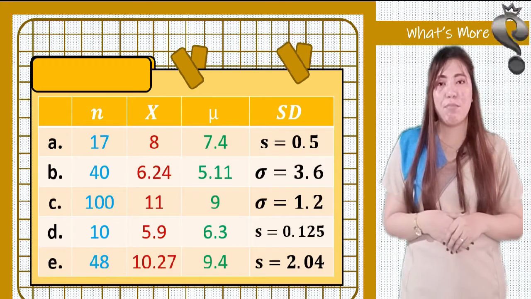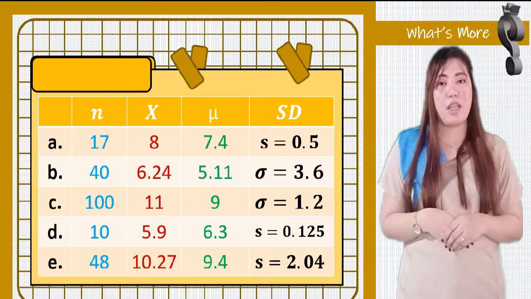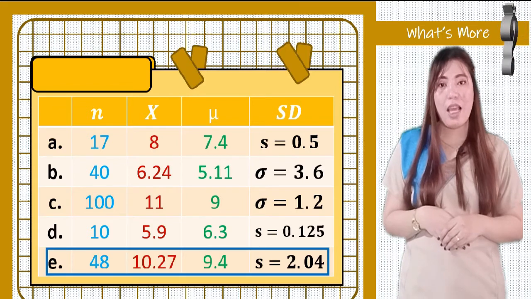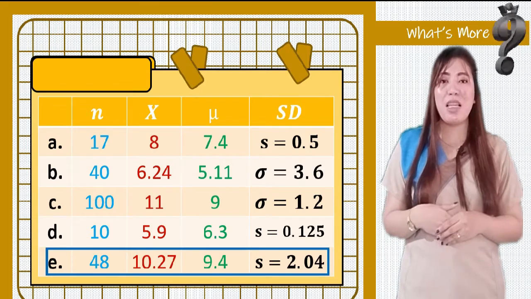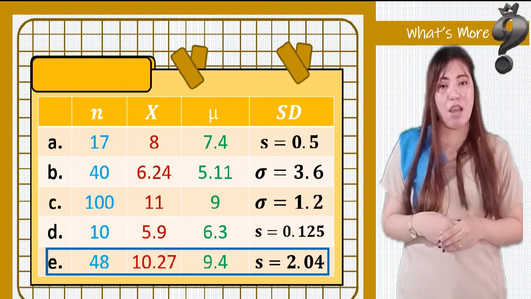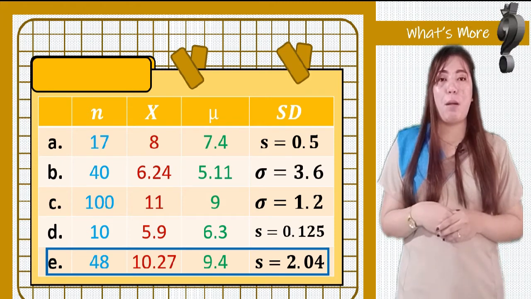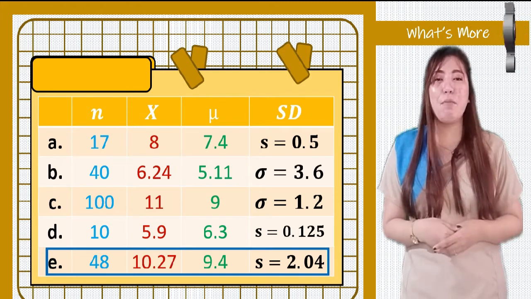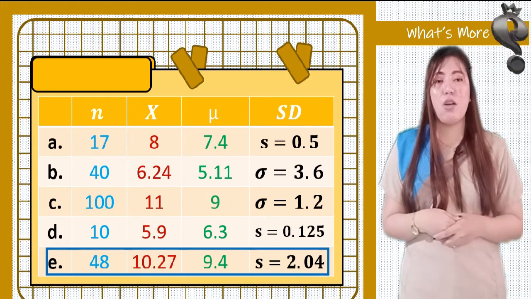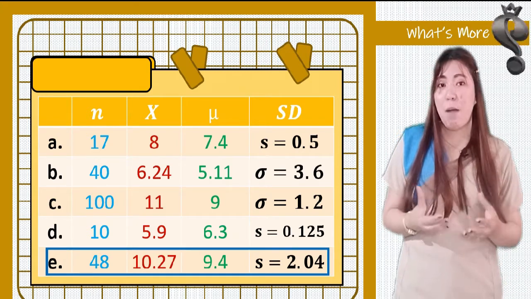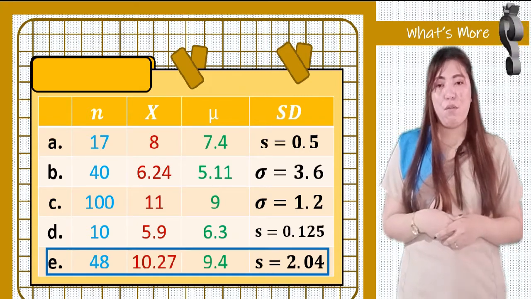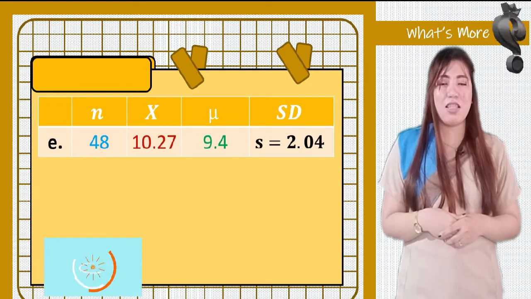Last given. N, or the sample size, is equal to 48. X, or the sample mean, is equal to 10.27. Mu, or the population mean, is equal to 9.4. And S, or the standard deviation of a sample, is equal to 2.04. 10 seconds.